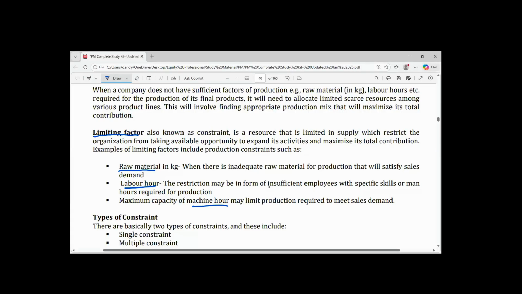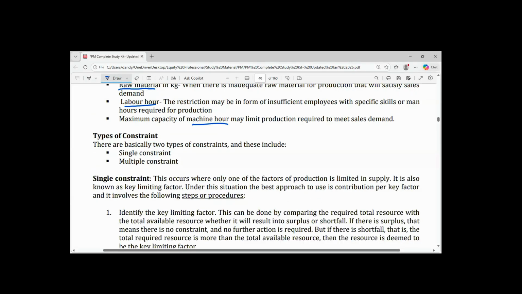Now, what are the two types of constraints? Basically, there are two types of bottleneck or limiting factor or constraint in relation to optimal product mix or linear programming. The first one is single constraint, and the second one is multiple constraints.